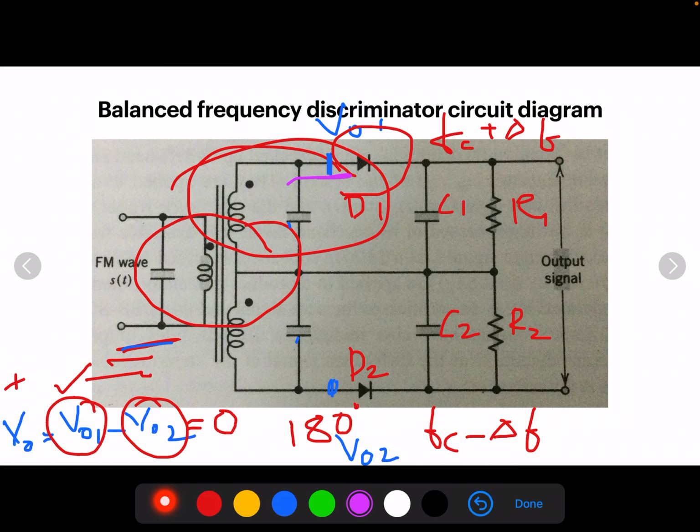So the negative output voltage VO2 is greater than VO1, and the output voltage VO is a negative value. The negative output voltage increases as Fin becomes very close to Fc minus delta F. So the output voltage VO is equal to minus VO2.